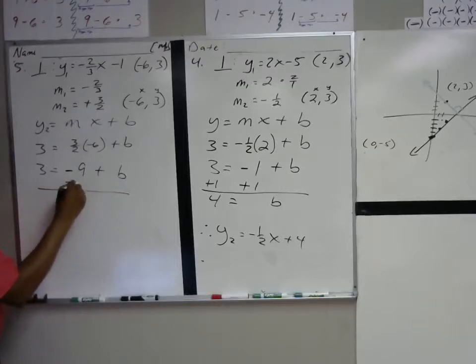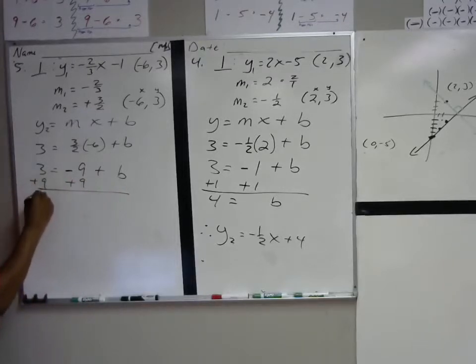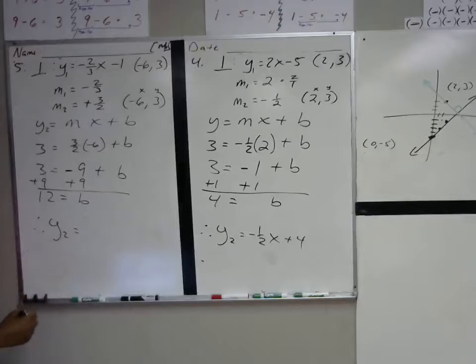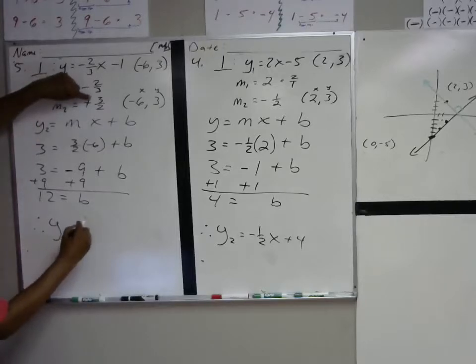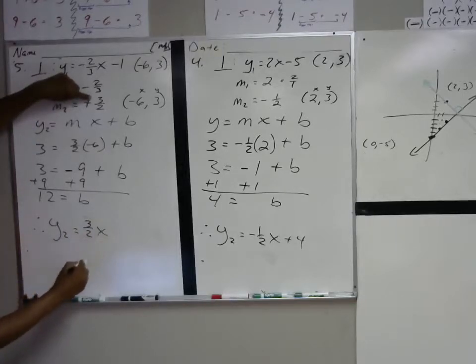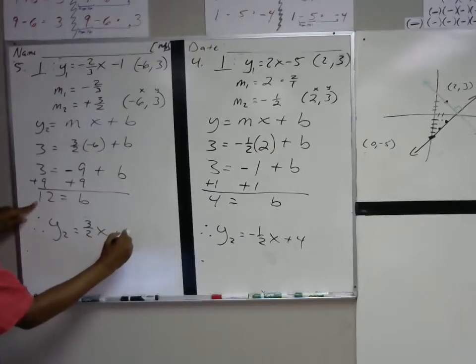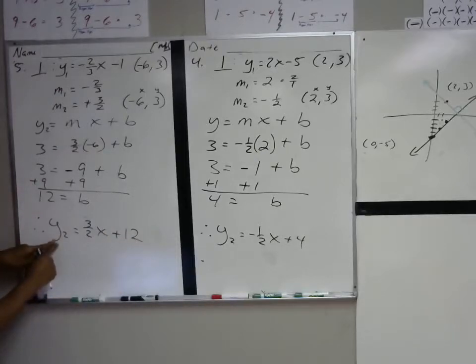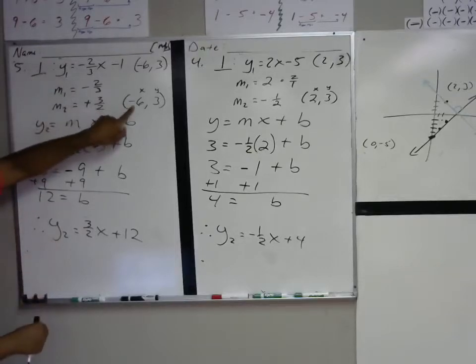Now I'm going to add 9 to both sides, and we'll end up getting 12 equals b. So my conclusion is my second equation will be, using the second slope, 3/2 x plus 12. And this line right here, y2, will be perpendicular to y1. It will go through the point negative 6, 3.